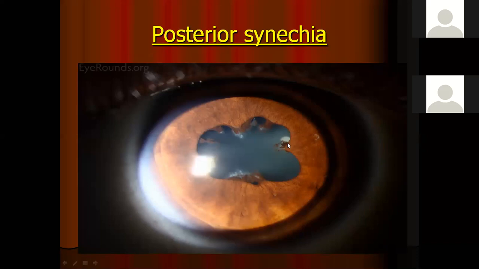And this irregular dilatation or abnormal shape of the pupil is due to posterior synechiae, because iris is attached to the anterior surface of the lens at different locations. And because of this adhesion, pupil gets distorted. This is a sign of posterior synechiae.